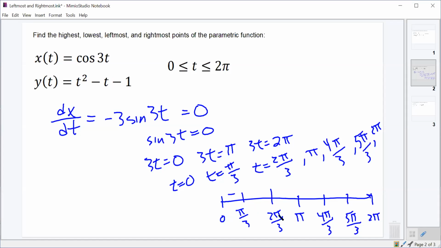Then from pi over 3 to 2 pi over 3, something in between would be like pi over 2. We get a 3 pi over 2 here. Sine of 3 pi over 2 is negative. Times a negative is a positive. Something between 2 pi over 3 and pi, like 5 pi over 6. When we multiply that by 3, that's 15 pi over 6, which is the same as pi over 2.